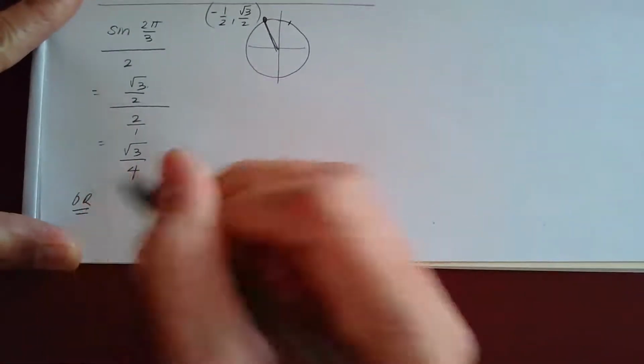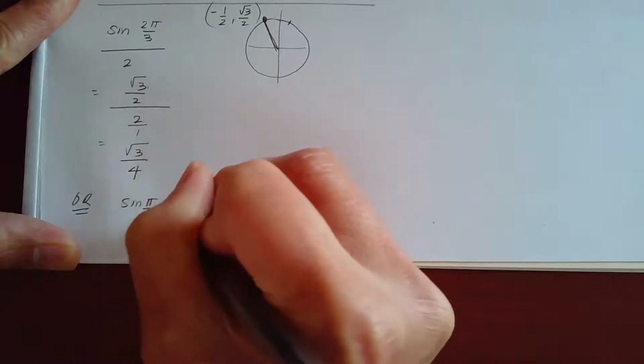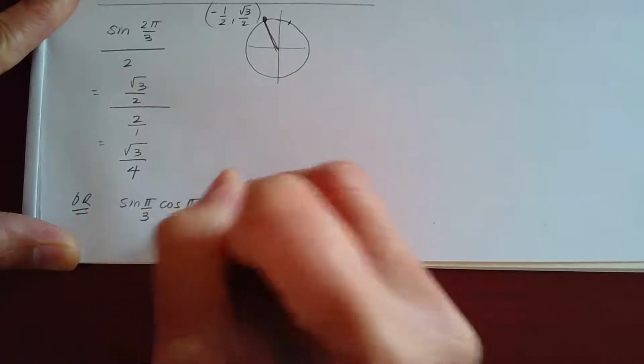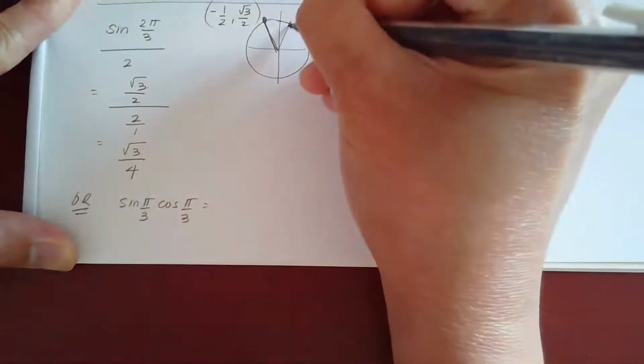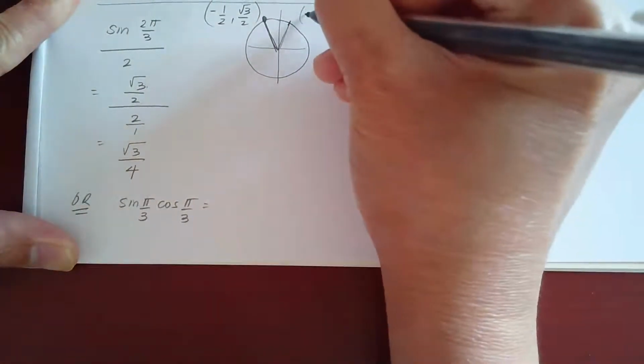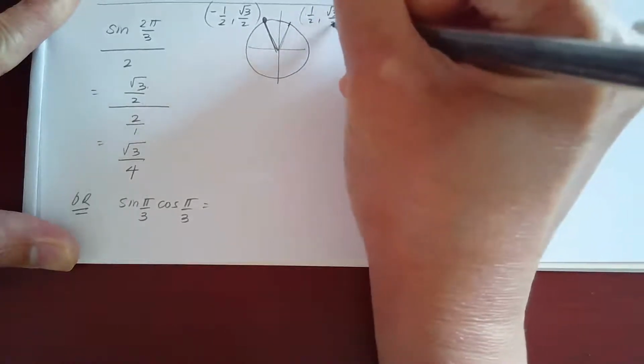The possibility is sine of pi by 3 cos of pi by 3, because we know what sine of pi by 3 is. Sine of pi by 3 is 1/2, comma, root 3 over 2.